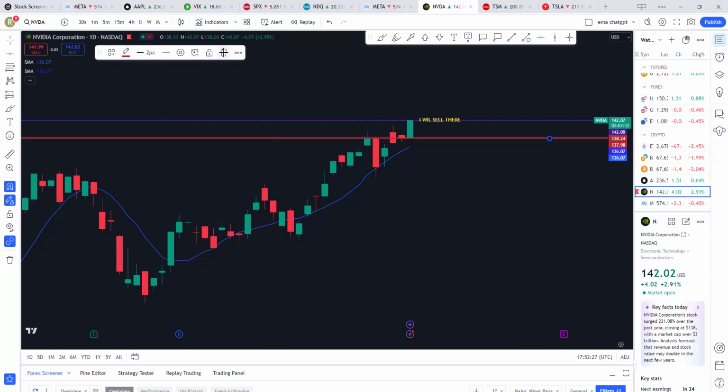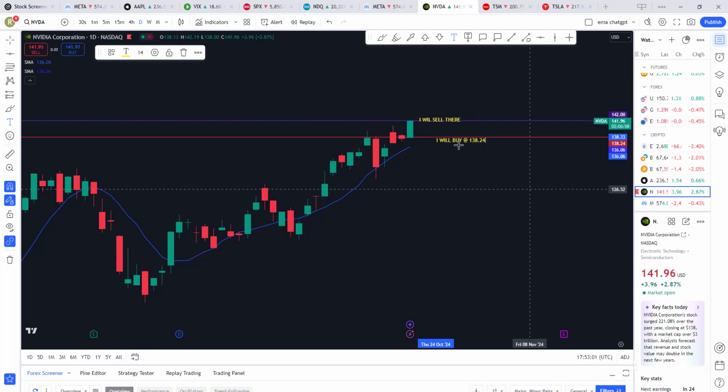You can add a note also, and say whenever it's good there, I will buy at 138.24. You can always set up your strategy the way you want.